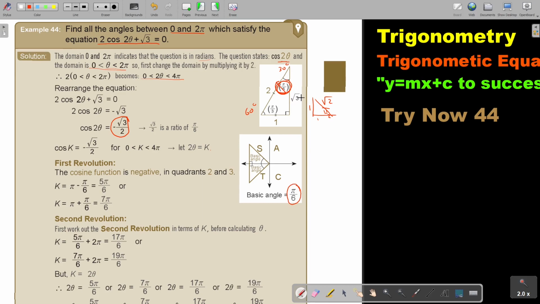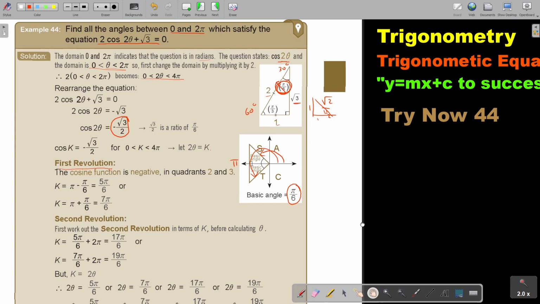As soon as you see these combinations, always see if you can work with the special angles, meaning you can do it without a calculator. For this one, it's going to be pi minus pi over 6, which is 5 pi over 6. And for this one, it's going to be pi plus pi over 6, which is 7 pi over 6. That is for the first revolution.